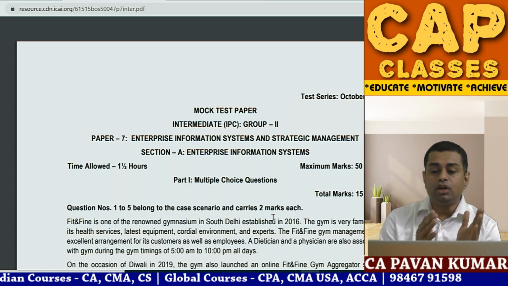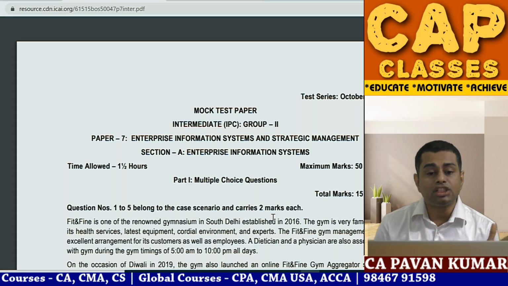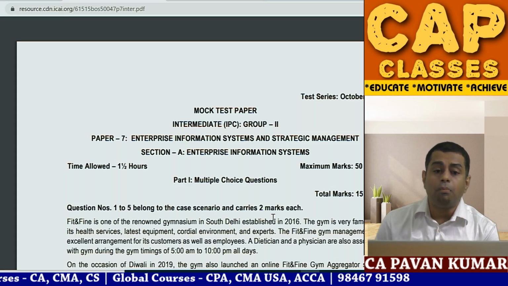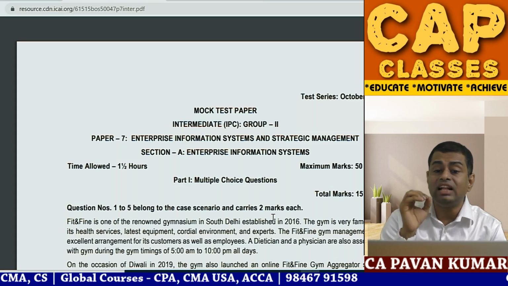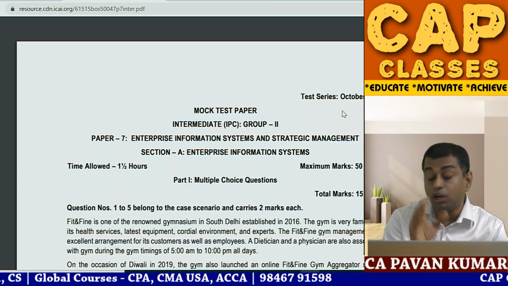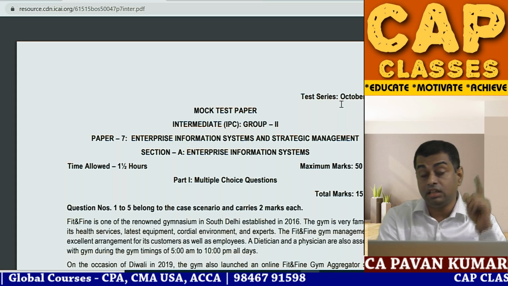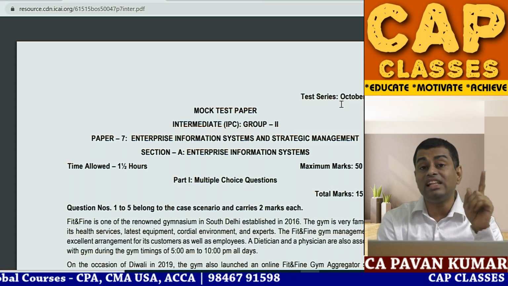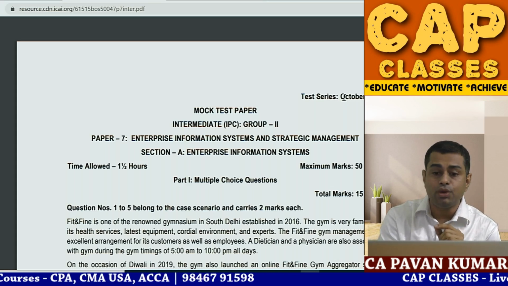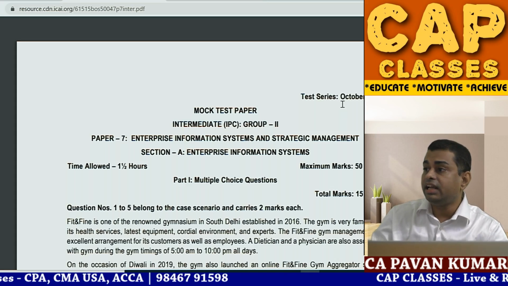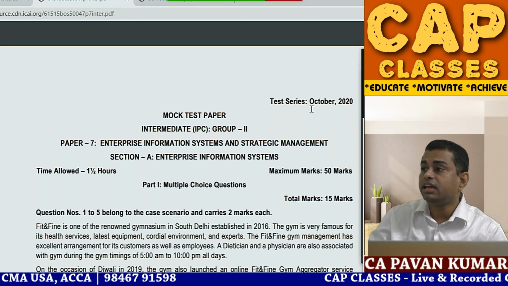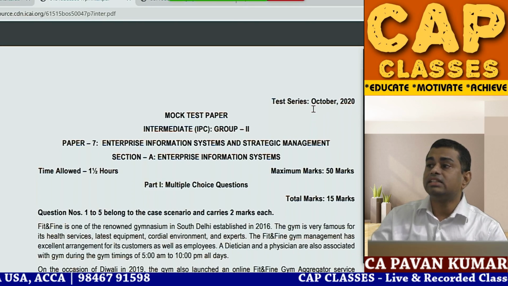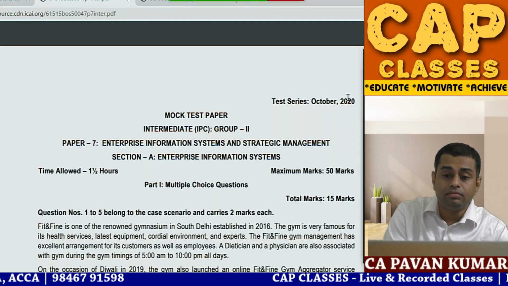So now, without wasting much time, let us go ahead to this mock test paper. This is the November 2019 mock test paper, the November 2020 mock test paper. The suggested answer we are looking at is the November 2019 suggested answer. Here you can see on the screen, it is the October 2020 paper.